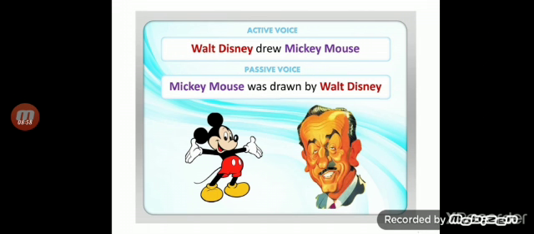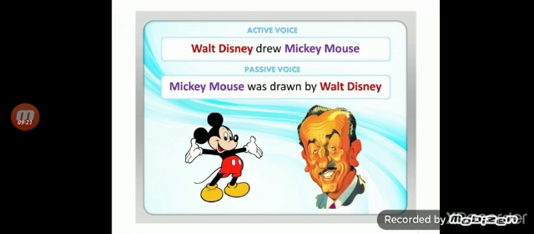One more example. Walt Disney drew Mickey Mouse. This is an active voice. How do we change it into passive voice? Mickey Mouse was drawn by Walt Disney. Walt Disney is the subject, drew is the verb, Mickey Mouse is the object.